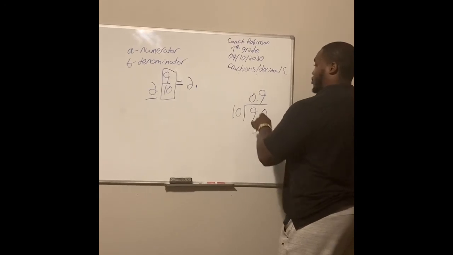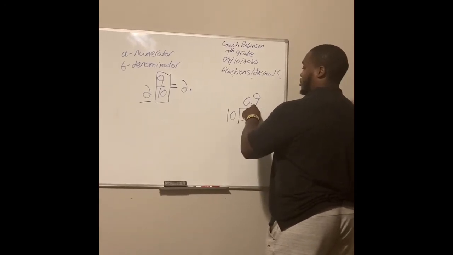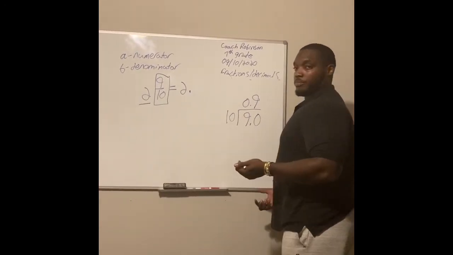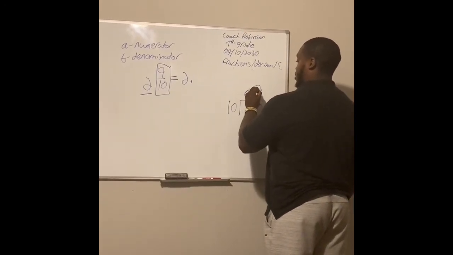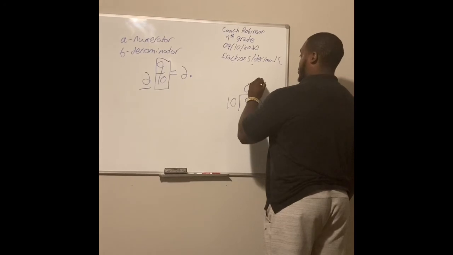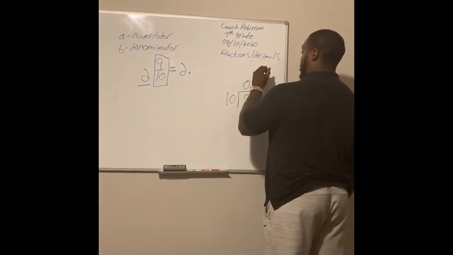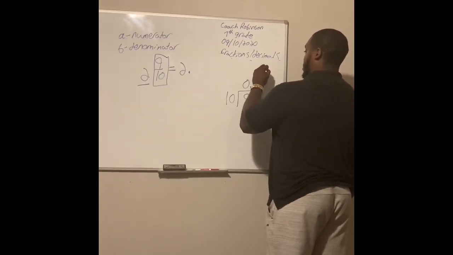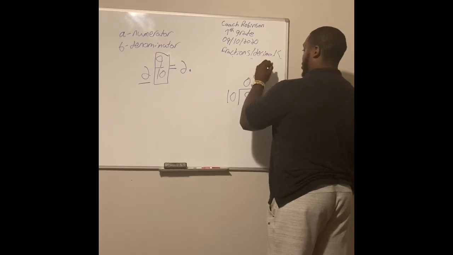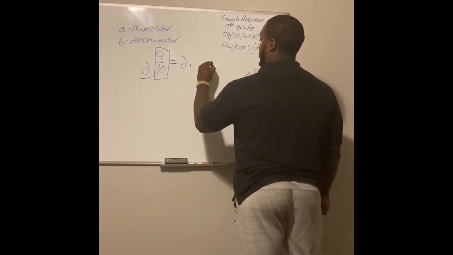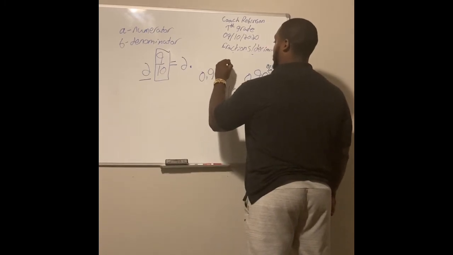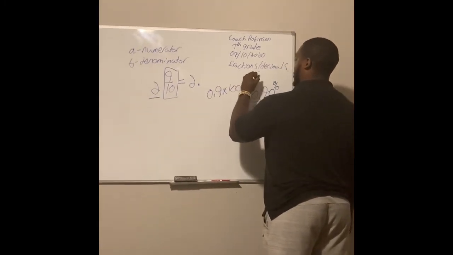So if I wanted to turn 0.9 into a percentage, I would just move the decimal 2 times, 1, 2. So this would turn out to be 90%. And I could do the same thing by simply timesing 0.9 by 100. It will give me the same answer, 90%.